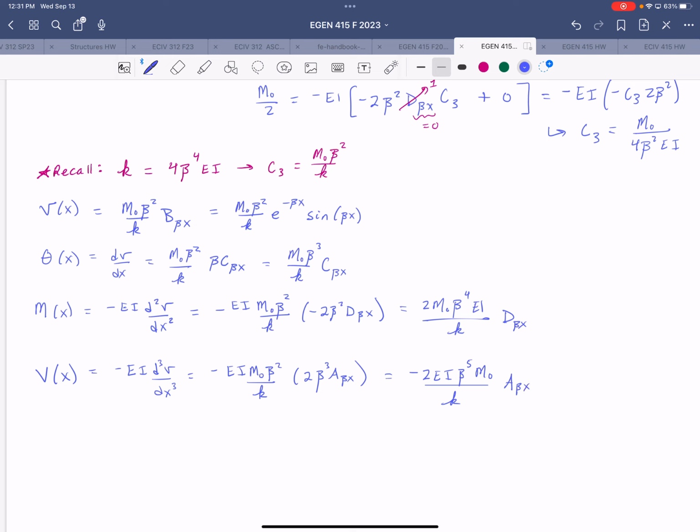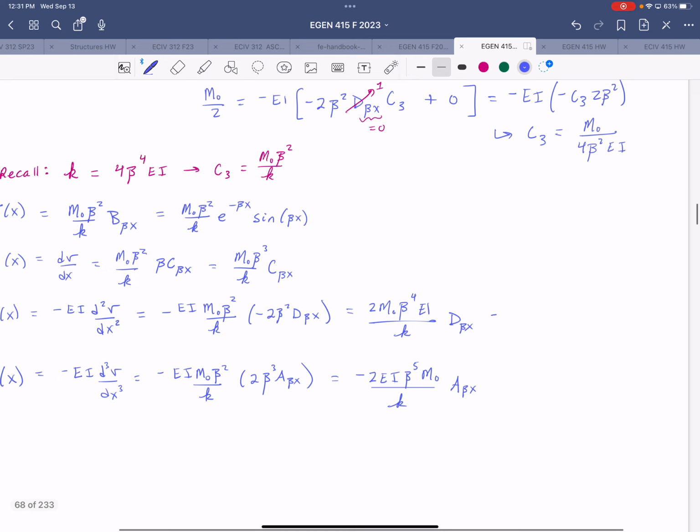And so now it might make more sense to factor k back out of the expression as it starts to get a little bit unwieldy.